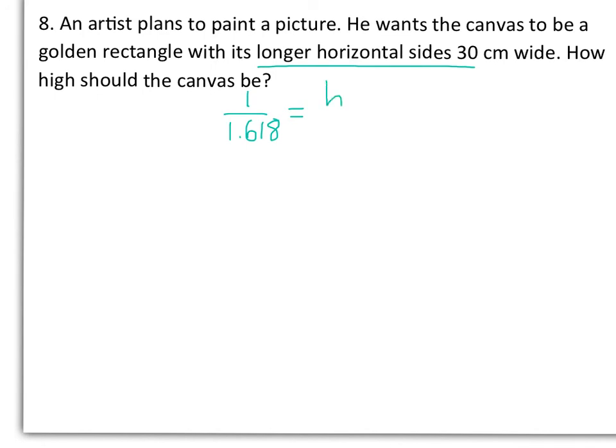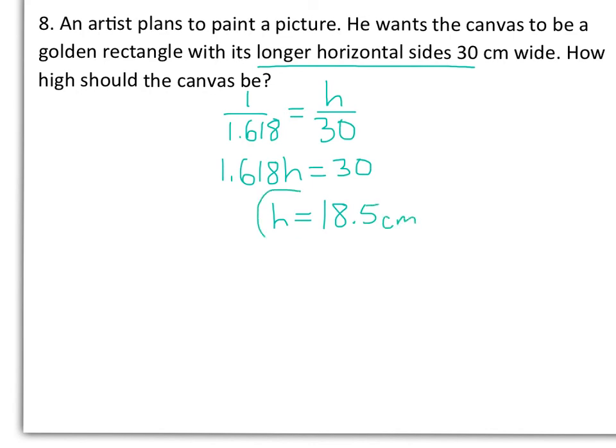I'll call it H for the height, but our longer side is 30. So if we take the cross product, we get 1.618 H equals 30. Divide by 1.618, and we get our height will be 18.5 centimeters. Okay, and that's our last example for section 7.2, similar polygons.